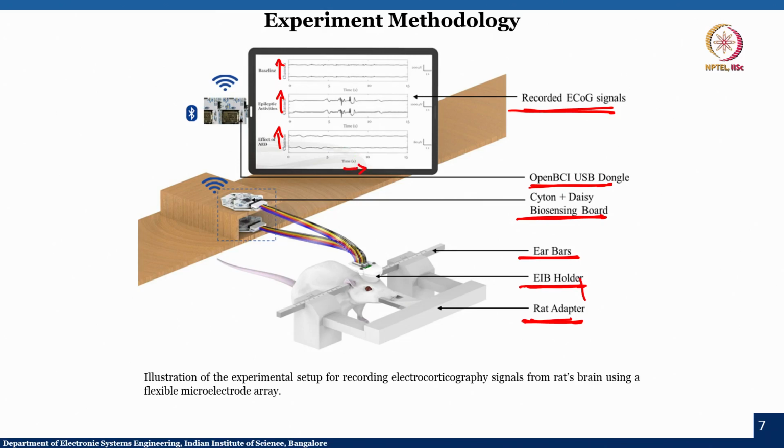Like I drew earlier, there is the initial baseline. When you apply the convulsants, you have the epileptic episode, and then when you induce the anti-epileptic drug, these episodes disappear. That means the drug is effective in nature.